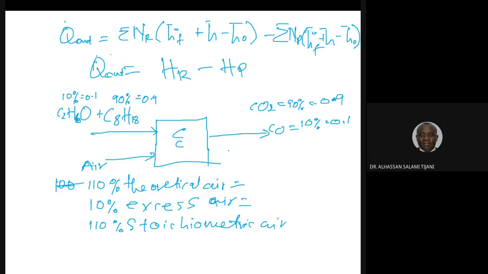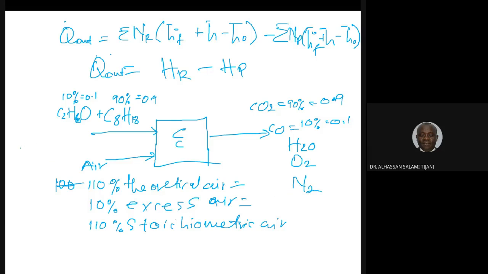All right. So in addition to this product, there will be water formation. There will be oxygen because of excess air. Whenever there is excess air, there will also be oxygen at the product. And eventually there will also be nitrogen at the product. Now let us look.